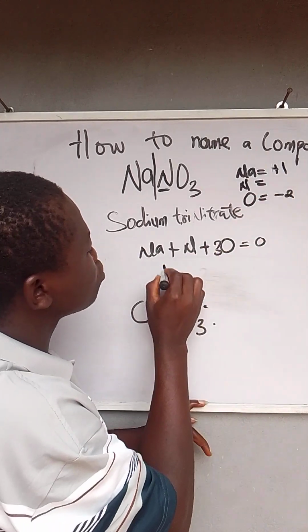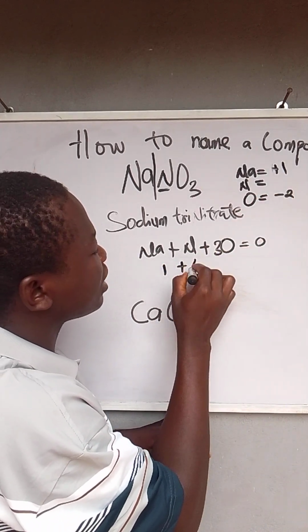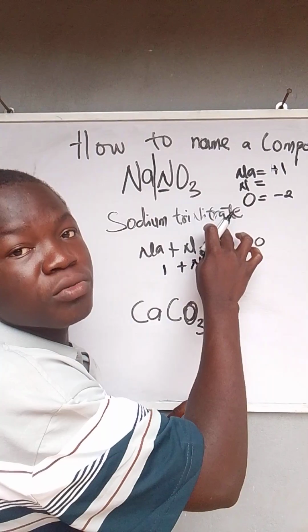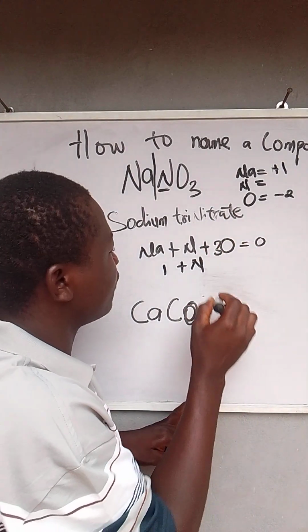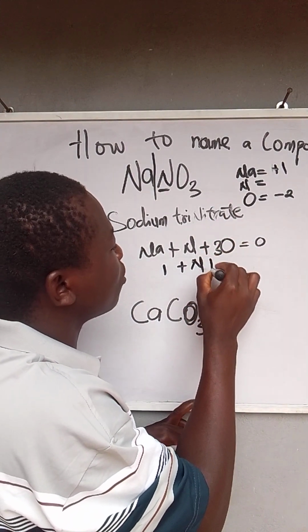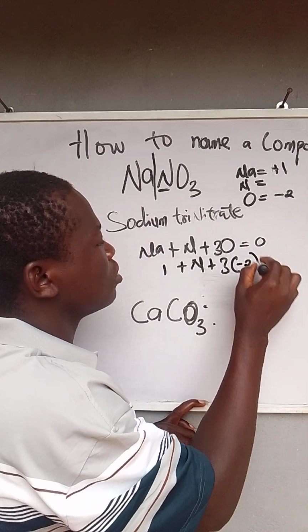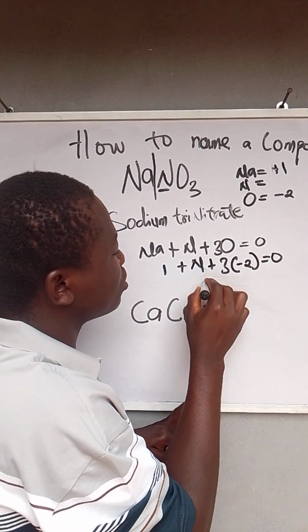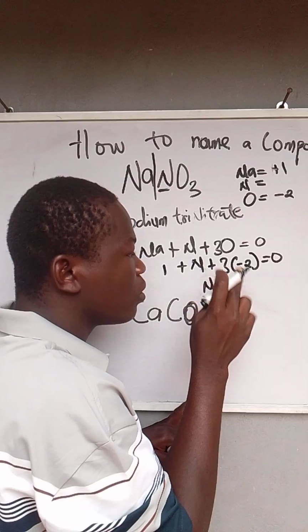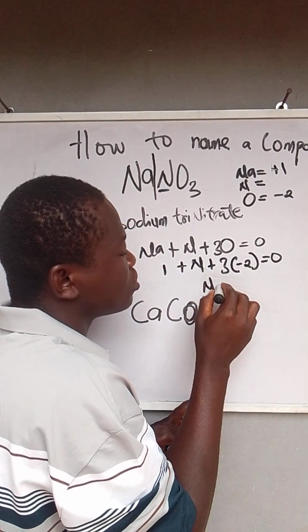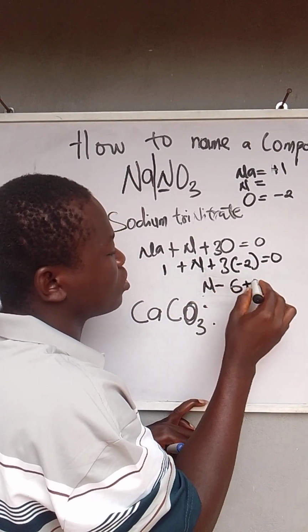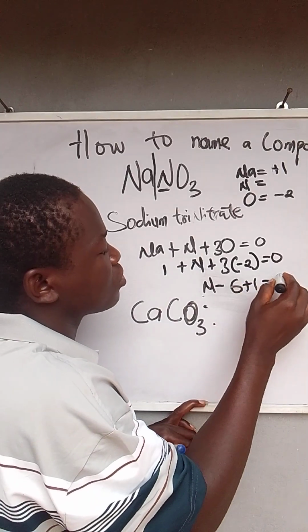This is +1. Put 1 here. Plus nitrogen, which is what we are looking for, which we are going to use to name this compound. Plus 3 times oxygen, which is -2, equal to 0. So nitrogen will be equal to 3 times -2, we give -6, plus this 1 is equal to 0.